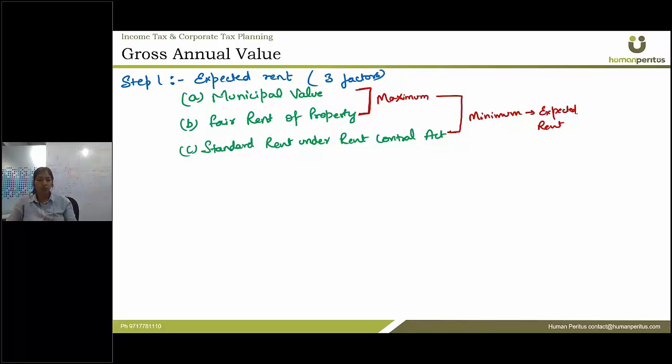This is very important. Take the maximum of municipal value and fair rent, then compare it with the standard rent, and the minimum of these will be considered as the expected rent. Okay.